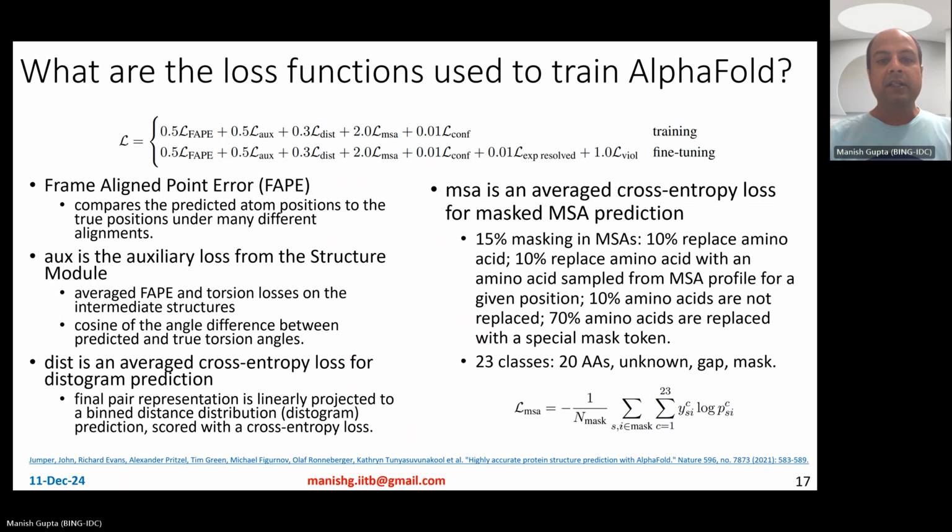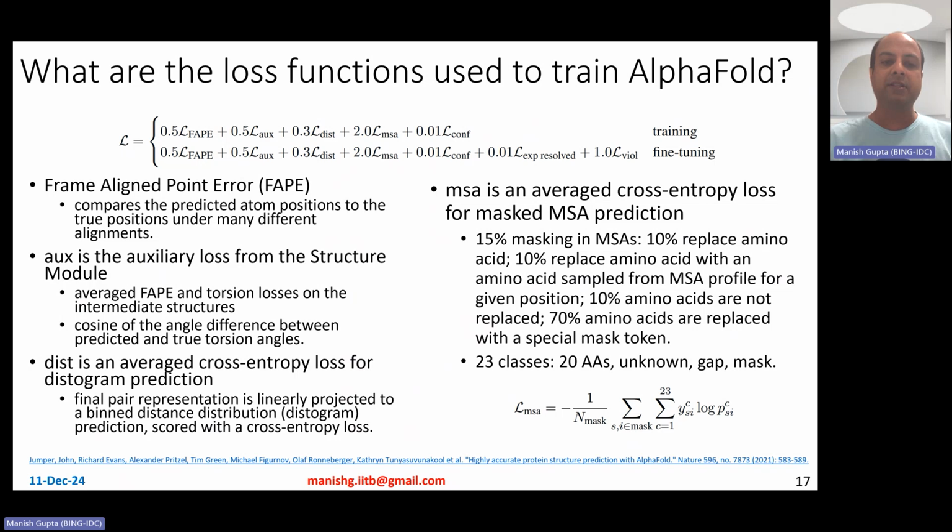Okay. There's this dist loss. Dist loss is the distogram-based loss. A distogram is a distance histogram. Okay. So the idea is that you take the C beta atoms across each of those residues, and you take the distance between the C beta atoms of each pair of residues in the molecule, and you compute a distance histogram, the predicted distance histogram.